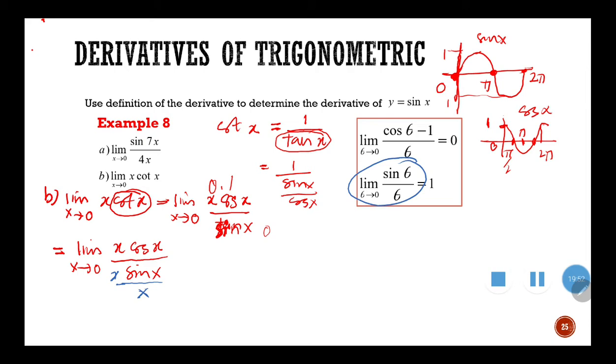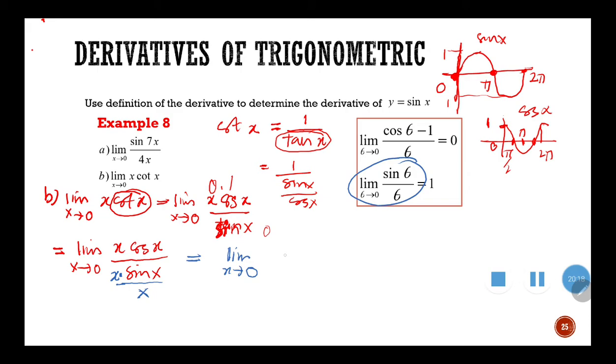So multiply by x in front, because x over x here will equal 1. And then here, apply the law of limits. The law of limits says the limit of a multiplication of functions is equal to the multiplication of the limits, meaning the limit of the first function multiplied by the limit of the second function. So you can do that.